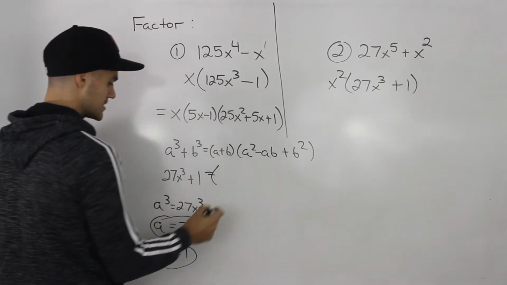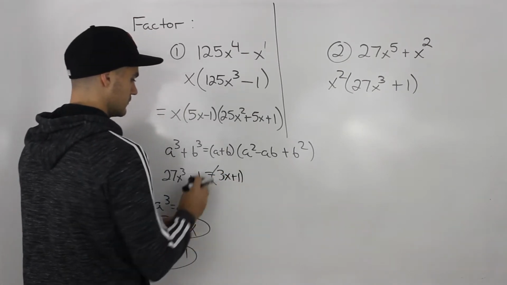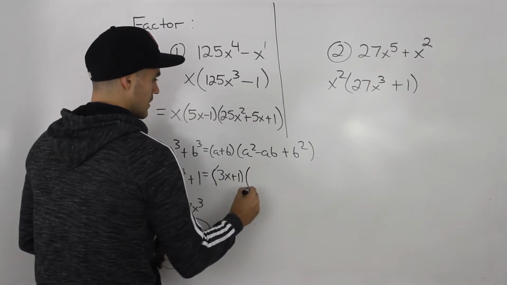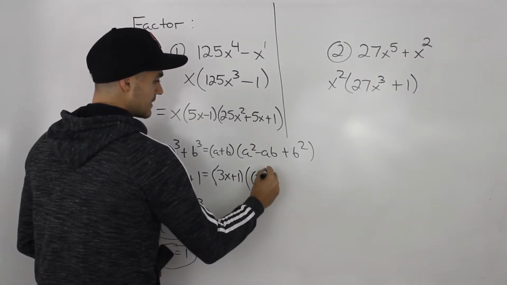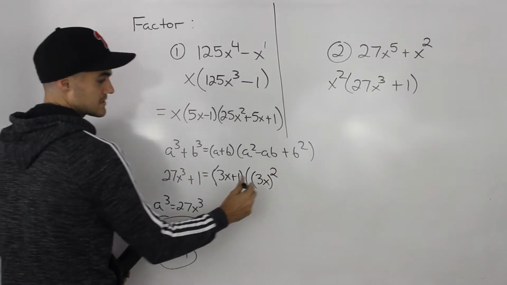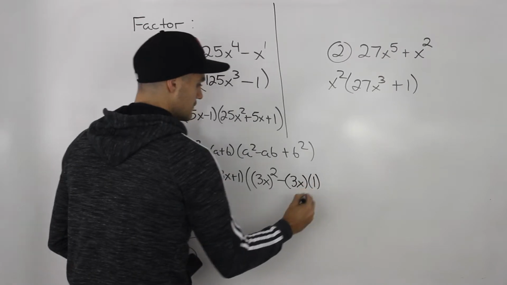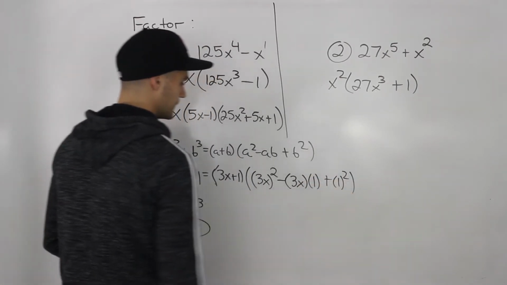So we'll have a plus b, so 3x plus 1. Let me put the equal sign here. And then a squared, so again, we have to take that a, make sure you put it in brackets, minus the a value times the b value plus the b value squared.